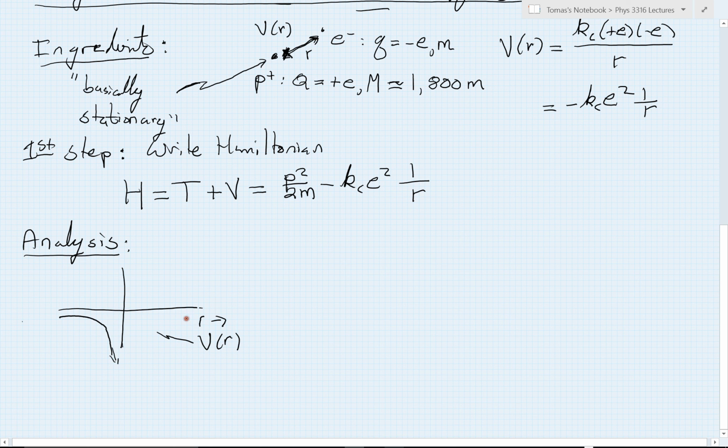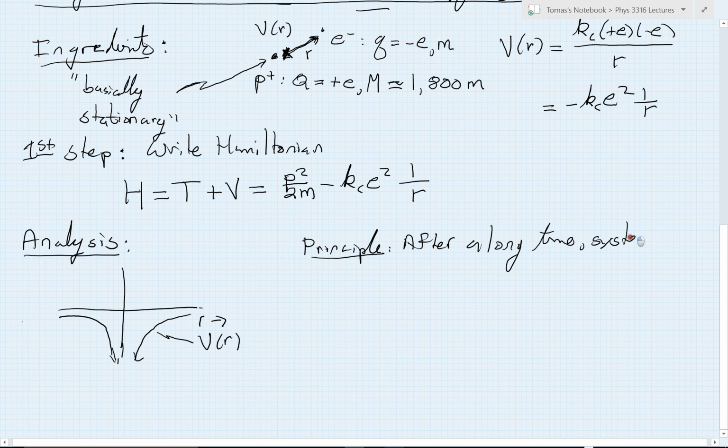there's a very important principle that helps us carry out the analysis. And let's mention this principle that we're going to use. The principle is that after a long time, systems tend to settle down.